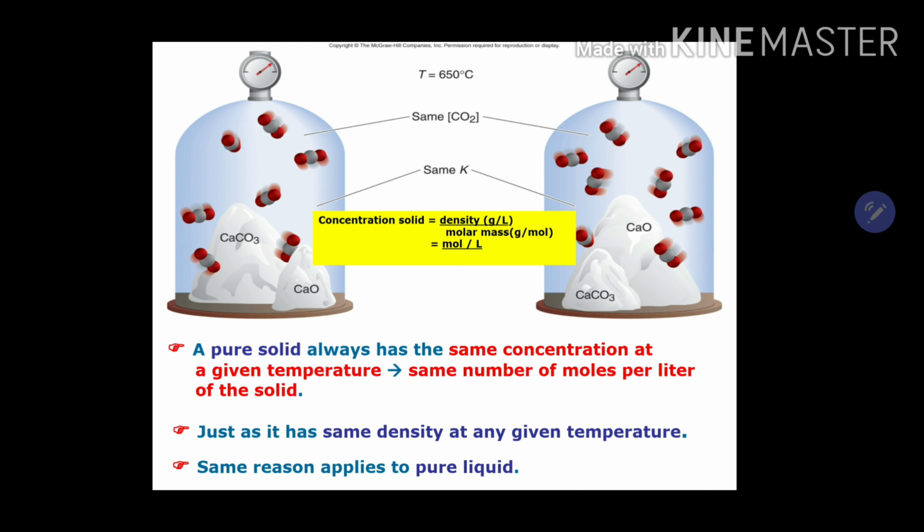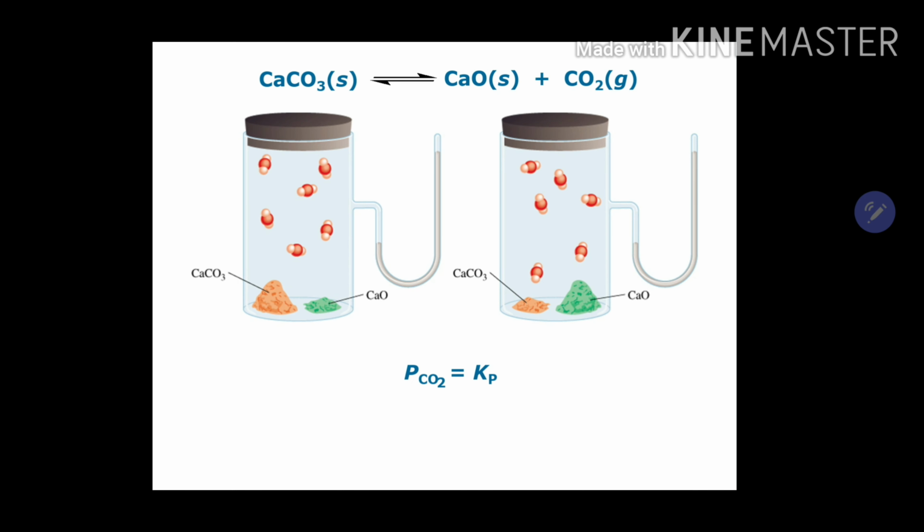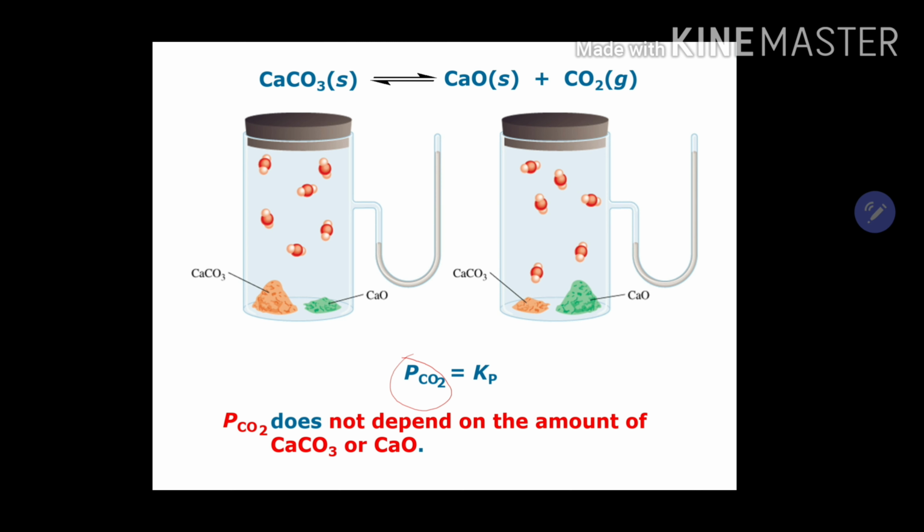The same reason applies to pure liquids. As a conclusion, in this reaction, the partial pressure of carbon dioxide does not depend on the amount of calcium carbonate or calcium oxide.